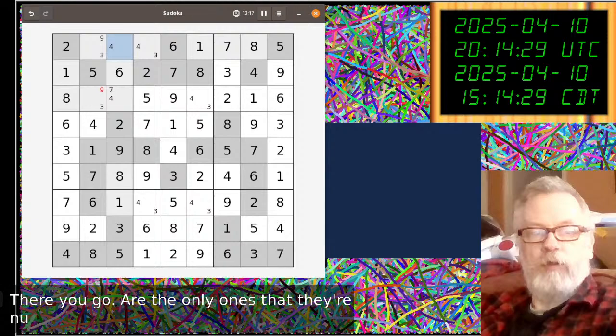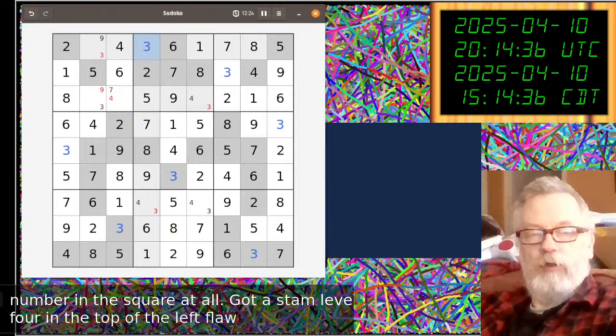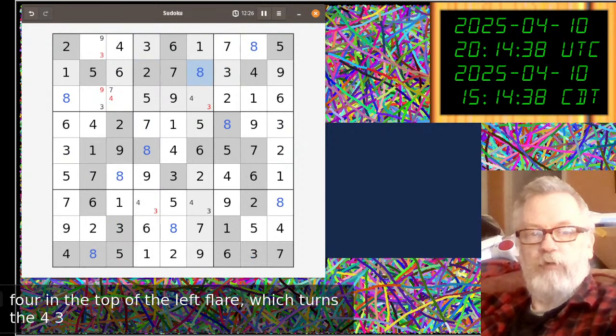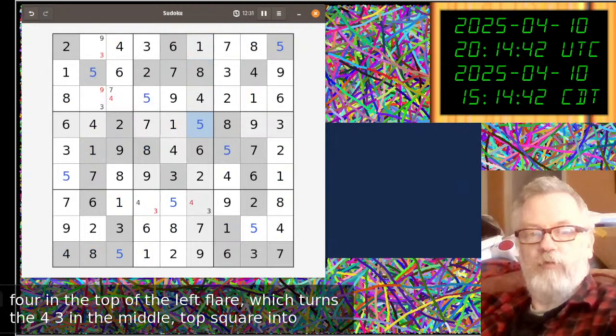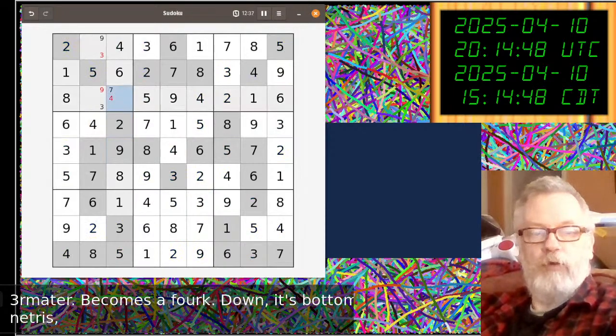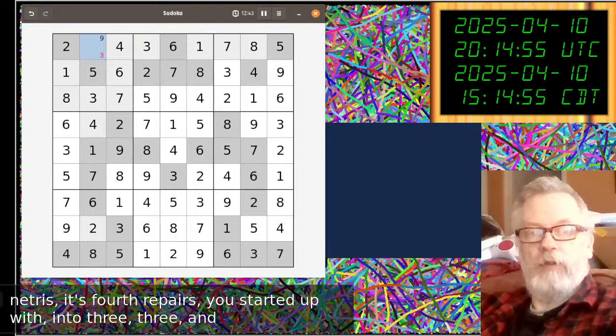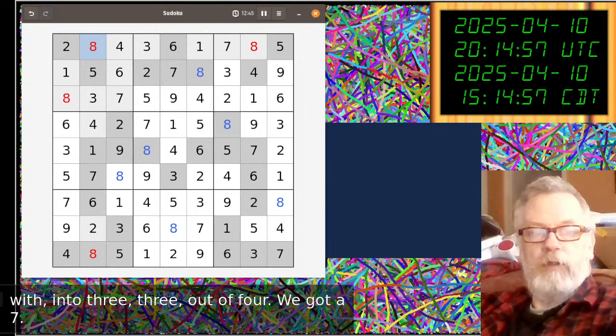I've got a standalone 4 in the left square, which turns a 4, 3 in the middle top square into a 3, and the remainder becomes a 4. Down at the bottom, that turns 4, 3 pairs that we started out with into a 3 and a 4. Got a 7, 3, and 9. 9, not 8.